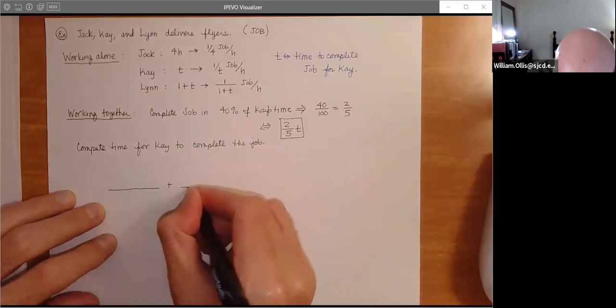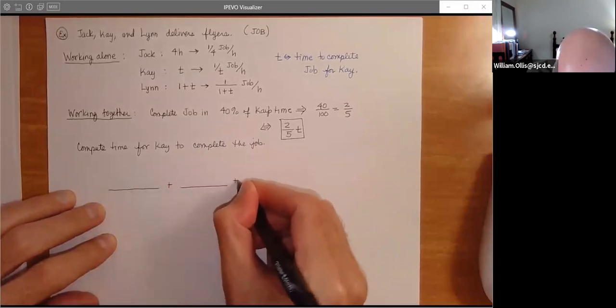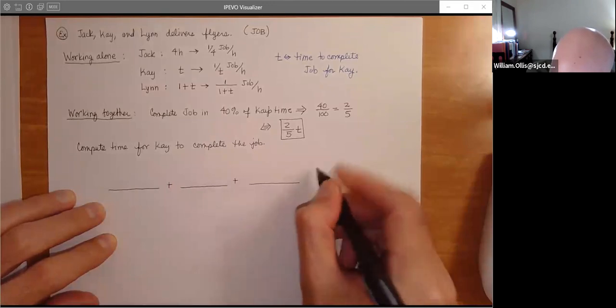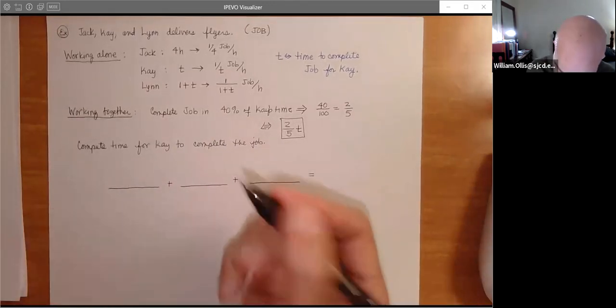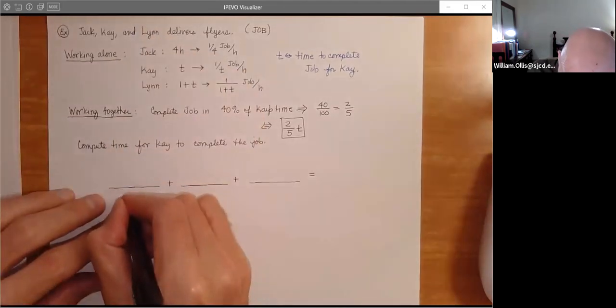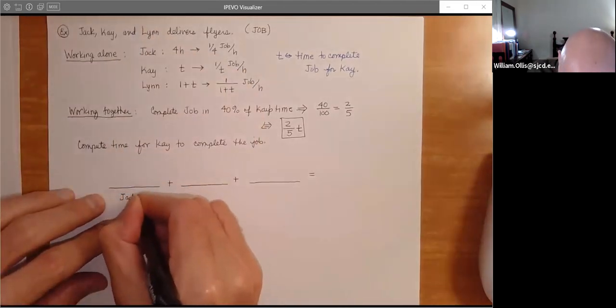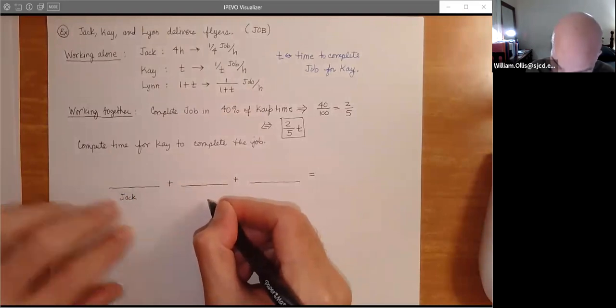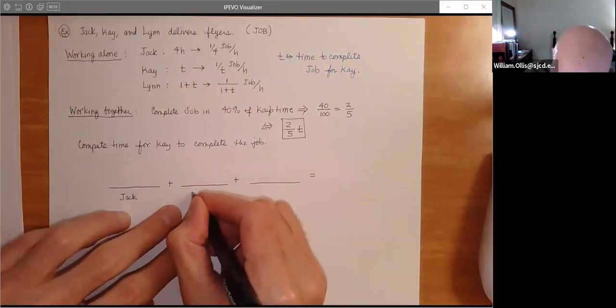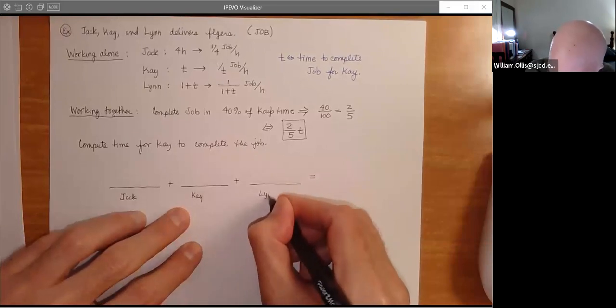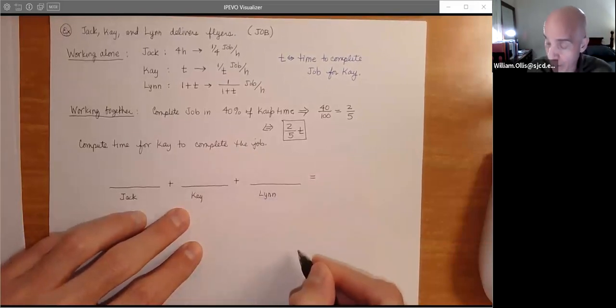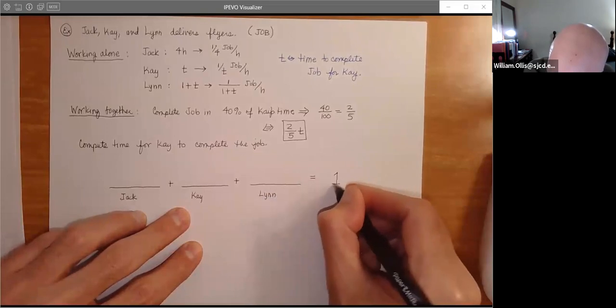So just like when you do the blanks for the mixture, we'll have, and I guess we'll just do it in order. We'll say Jack, he will contribute some fraction of the job. K will contribute a fraction of the job. And Lynn will contribute a fraction of the job, and the whole job is 1.